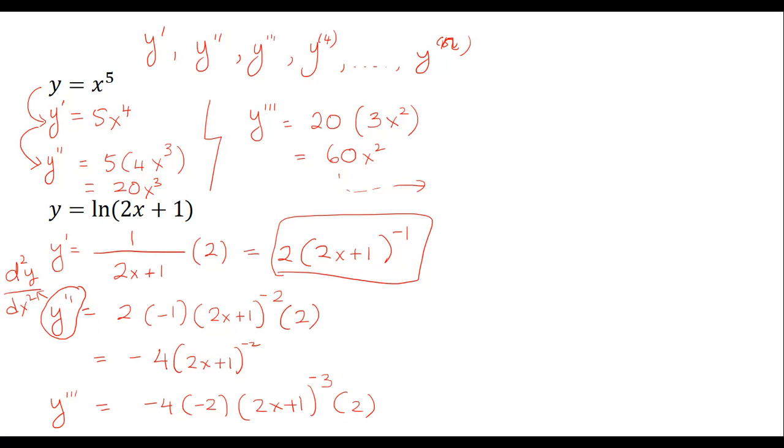By the end of the day you will have 16, and then you will have (2x + 1) to the power of minus 3. Voila, you get this value. Okay, so this is the example.